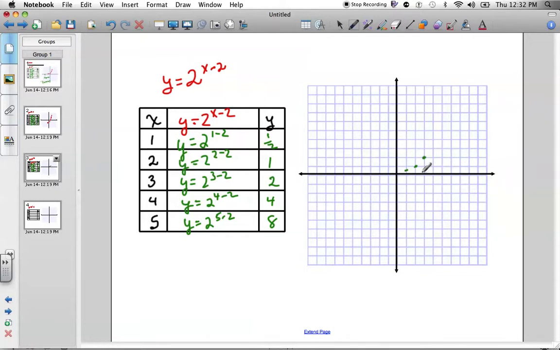And now over 5 and up 8. And there it is. And again, you have the asymptote right on the x-axis.